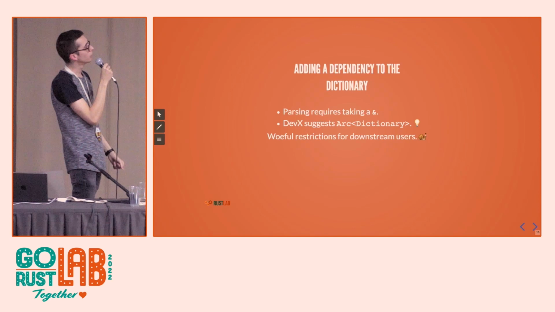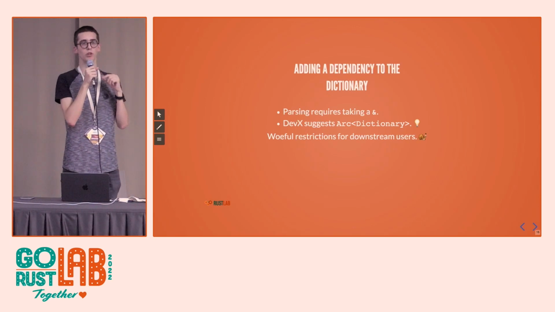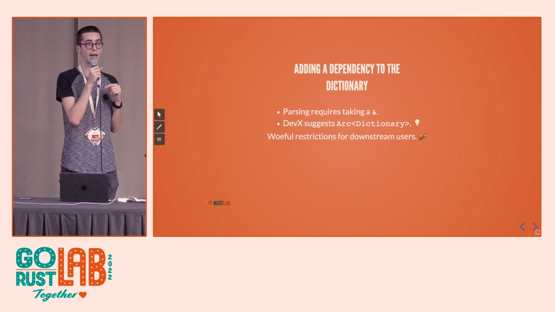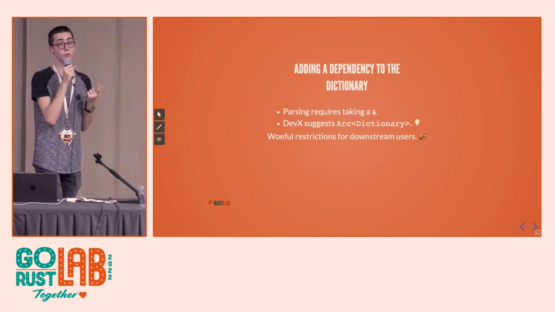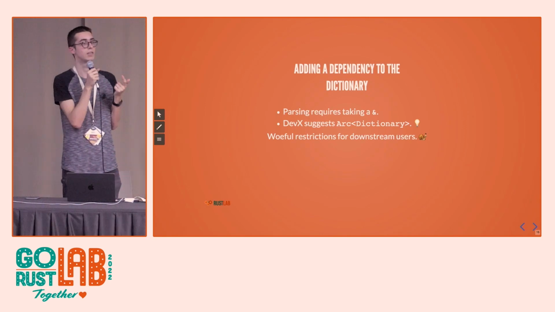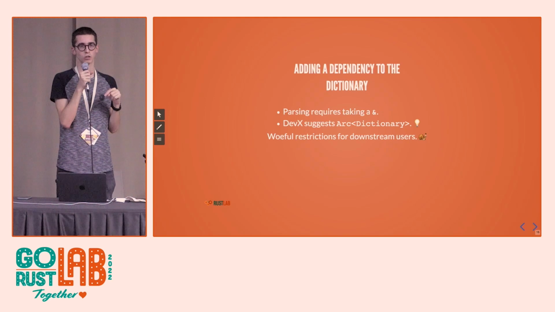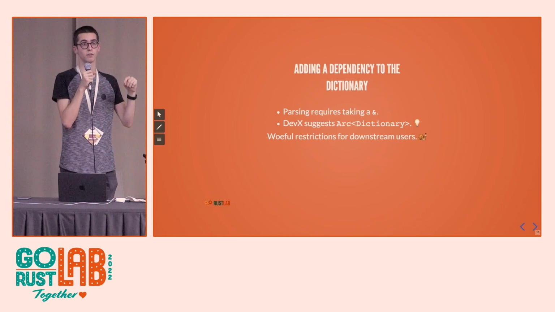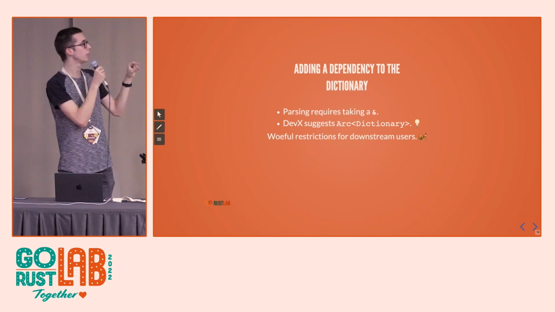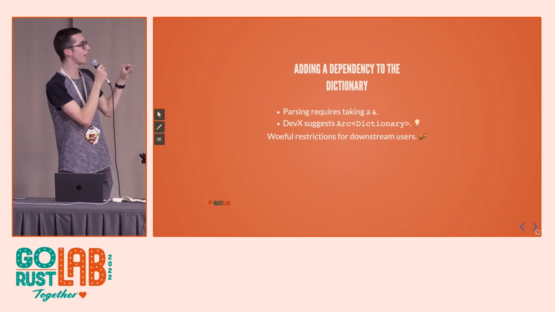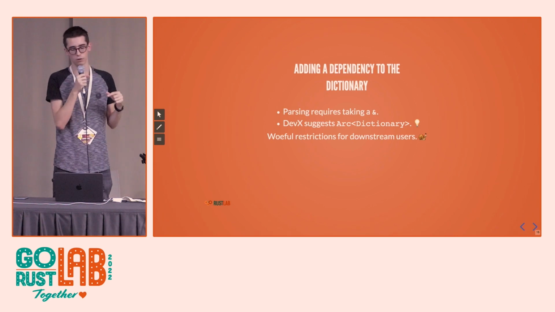Now, what I said earlier about the human readable names as an alternative to numeric tags can really be useful here, because if you keep the dictionary around in your FIX messages, so you keep a reference as an Arc inside your FIX message, every time you use one of the getters of the FIX message struct, you can then query the human readable name inside the FIX dictionary, and then you know the numeric tag associated with that human readable name.